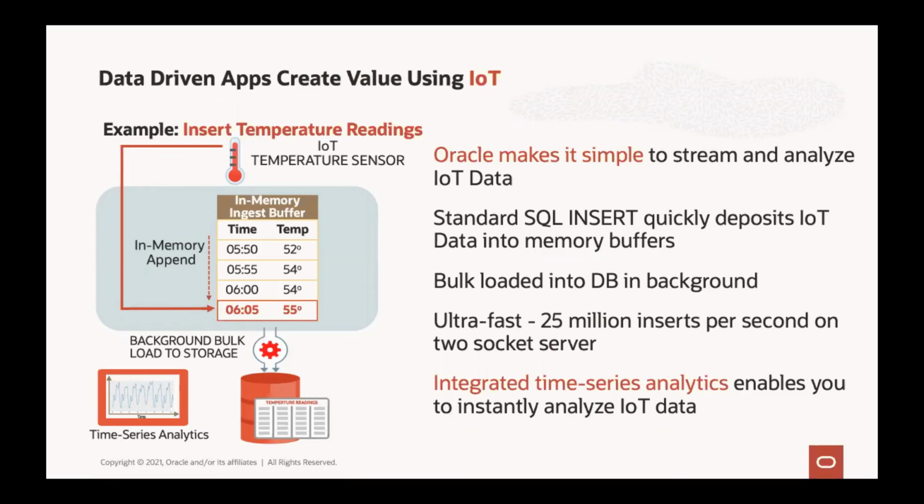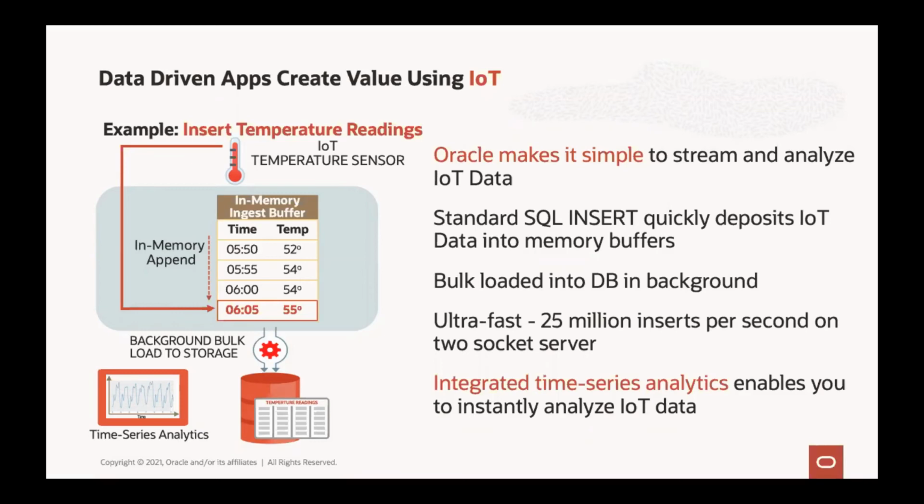So the information is received in a specific area in the memory, in the in-memory ingest buffer, and this buffer is written in deferred transactions to the storage directly without committing the data and bypassing the transaction engine of the Oracle database.